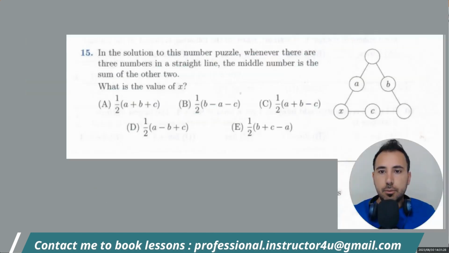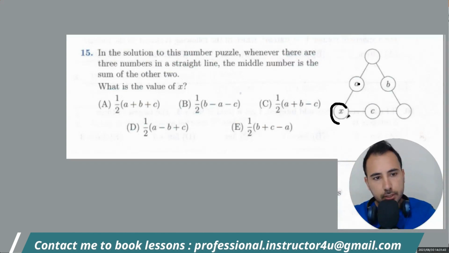In the solution to this number puzzle, whenever there are 3 numbers in a straight line, the middle number is the sum of the other 2. What is the value of x? So A is the sum of this plus the sum of this. I think if you saw the previous questions, then you know how we answer these types of questions by coming up with different values.